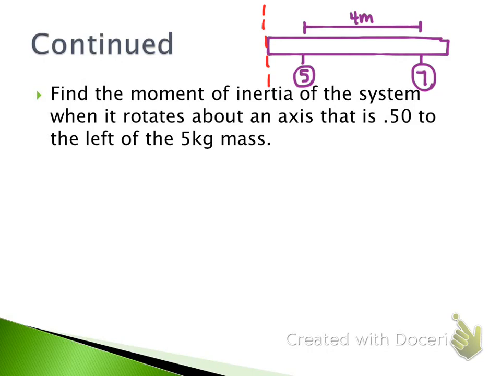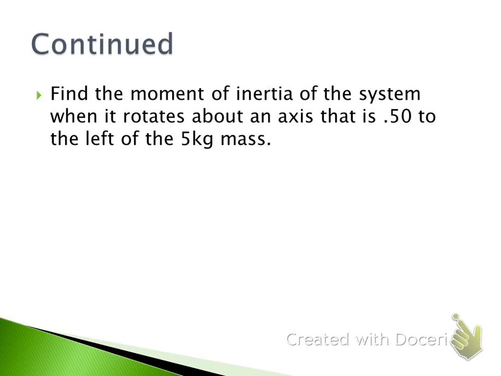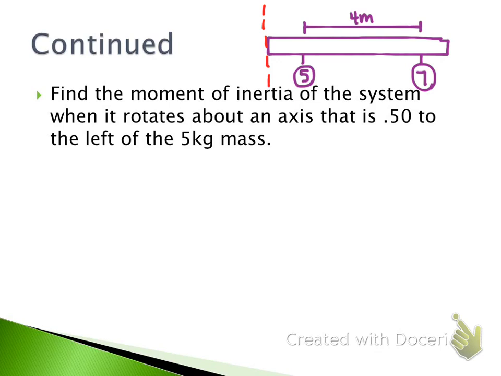So the whole rod is spinning. Again, if we looked at this from above, here's our axis point, here's our rod, here's our 5 kilogram and our 7 kilogram mass. Does that make sense?